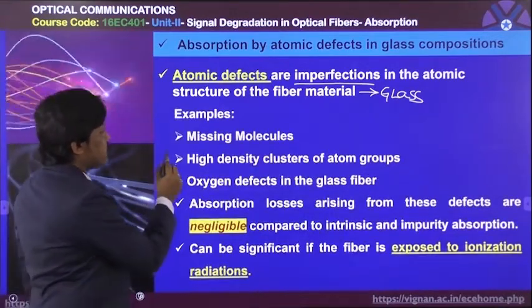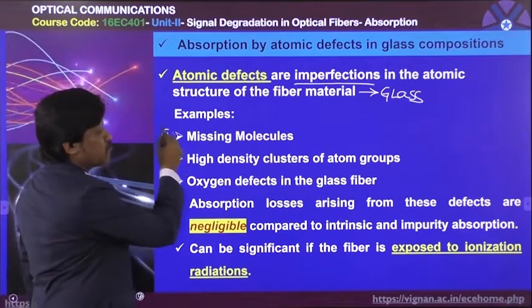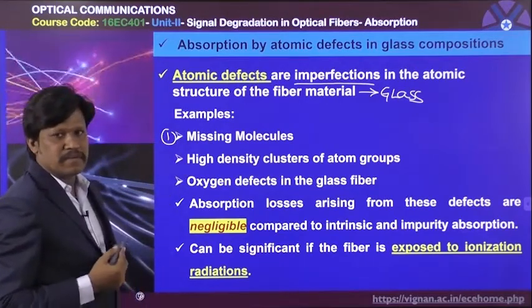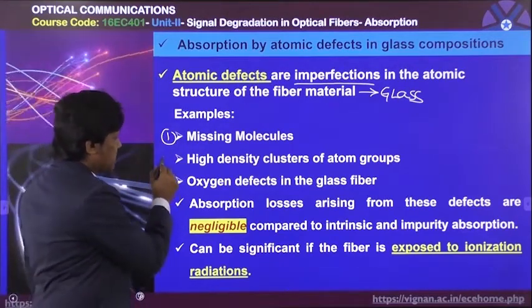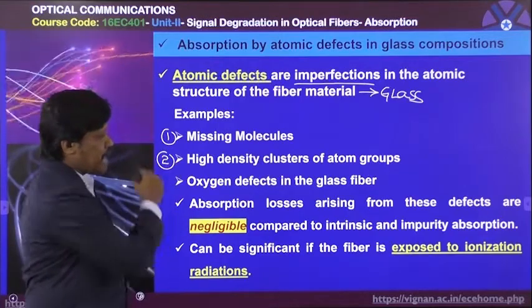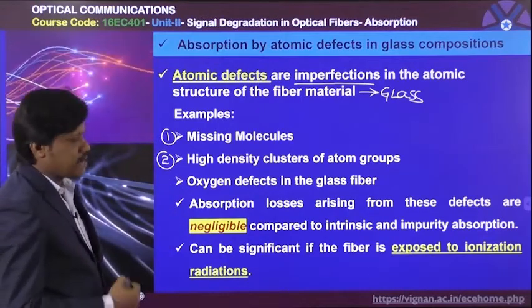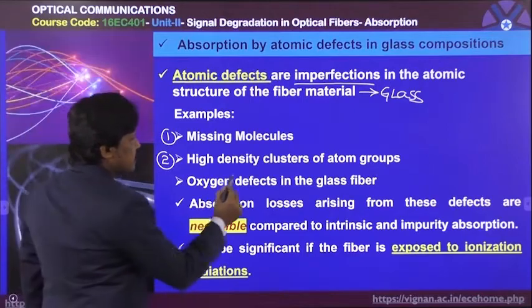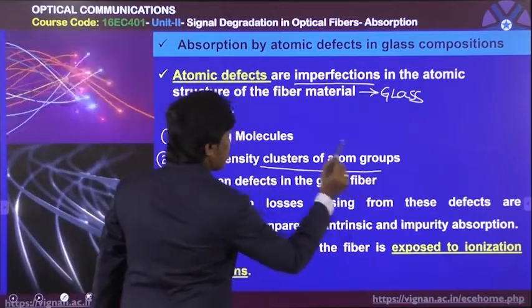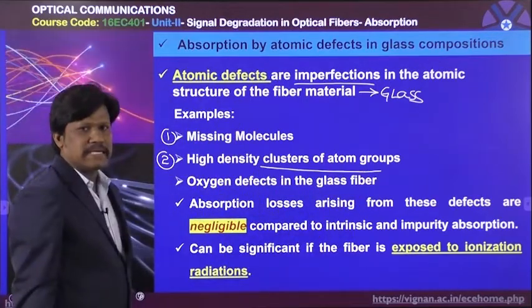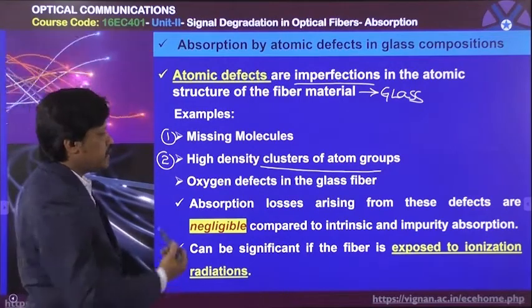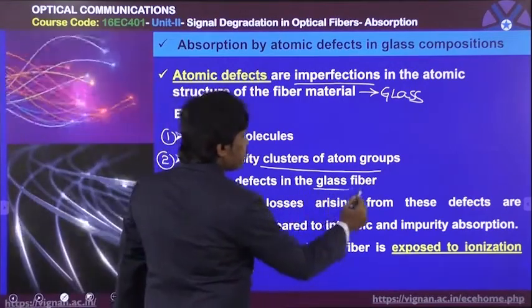These atomic defects are: first, missing molecules; second, high density clusters of atom groups; and third, oxygen defects in glass fiber.